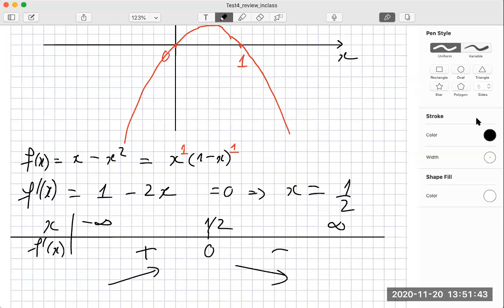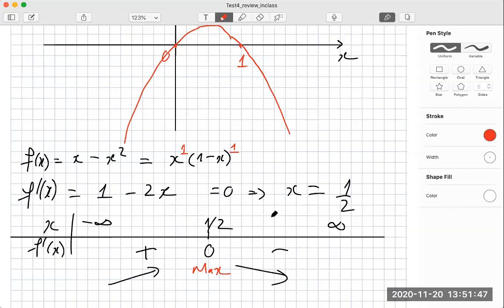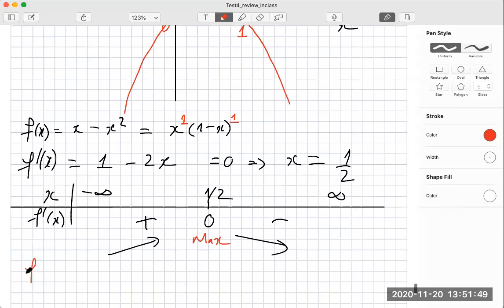And this is a maximum value. We can determine the maximum value f of 1/2. We use this formula, it is easier: 1/2 times 1 minus 1/2. What do we have here? Very good, 1/4.